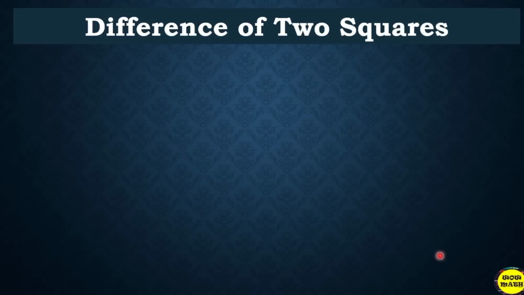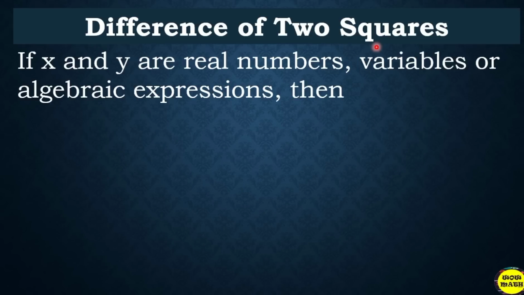Okay, now let's proceed to the next special products, no? Ito yung isa sa mga paraan pa on how to factor the difference of two squares. Okay? So, difference of two squares, since meron tayong squares, ibig sabihin, if x and y are real numbers or variables or algebraic expression, then we will have x squared minus y squared.